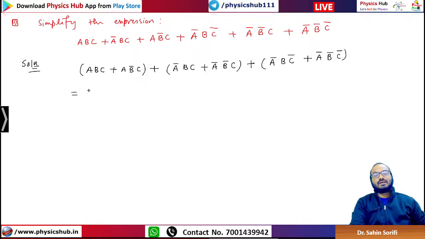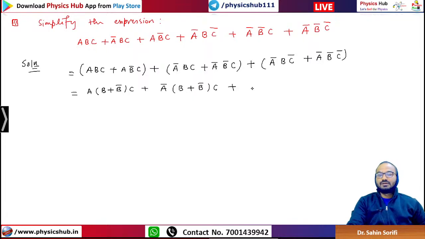Now here we take AC common, B plus B complement times C. Here we are taking A complement C common, and here again we want to extract B and B complement.